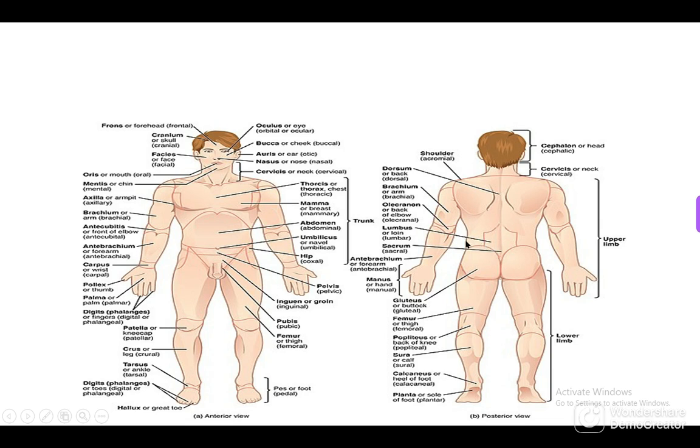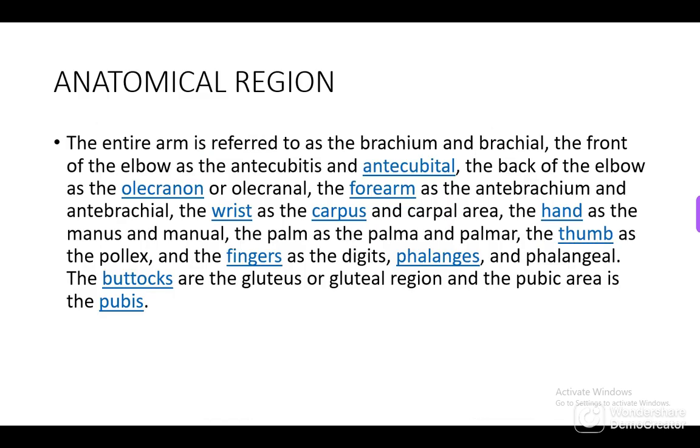Here it is the groin area, the lumbus area with the dorsum area. The back of the thigh means the dorsum plus lumbus. Lower down there is the popliteal area, popliteal fossa, and then we have the other anatomical region terminologies.